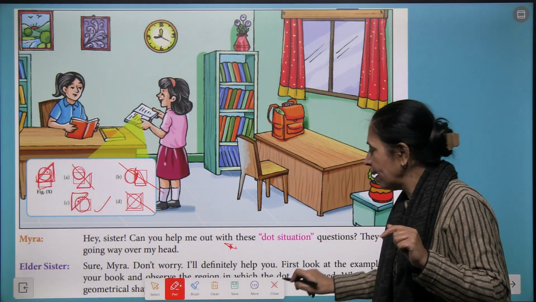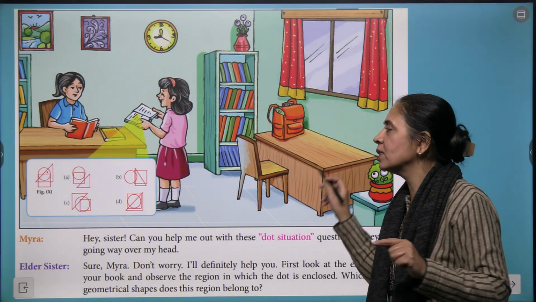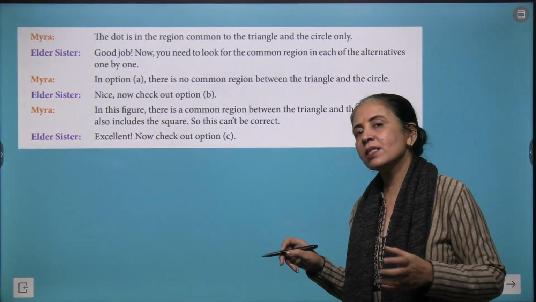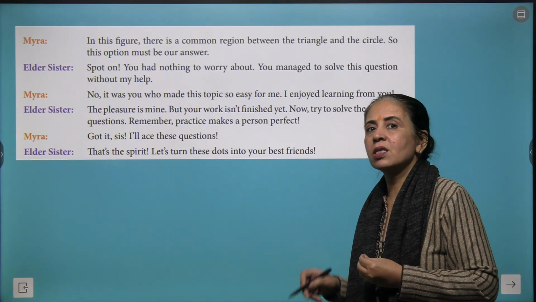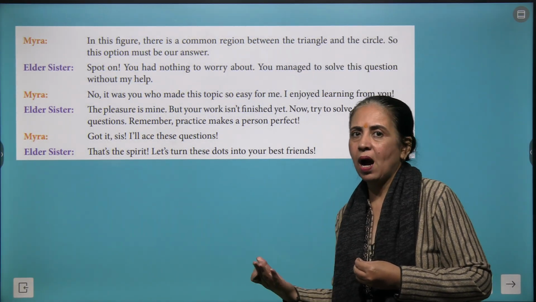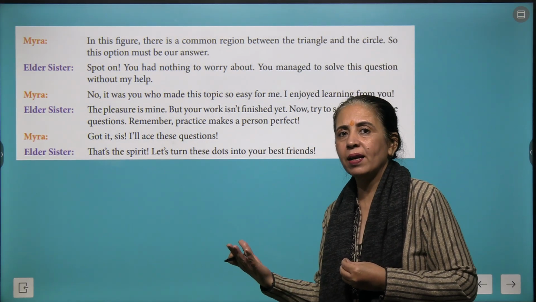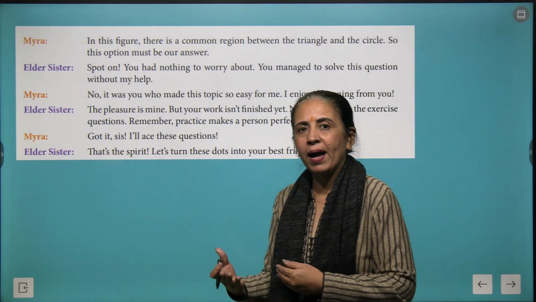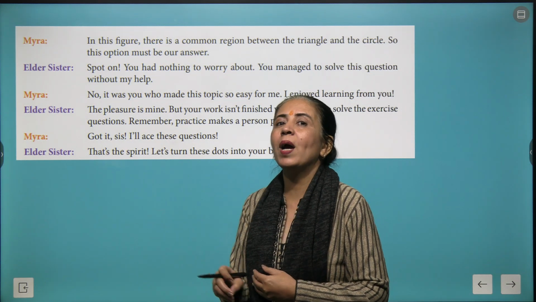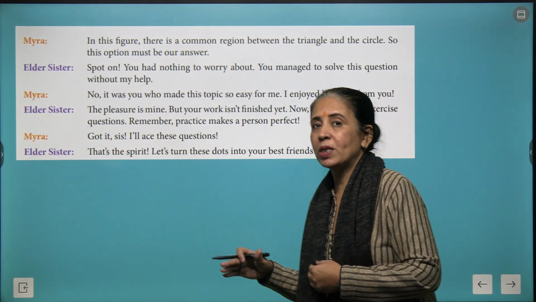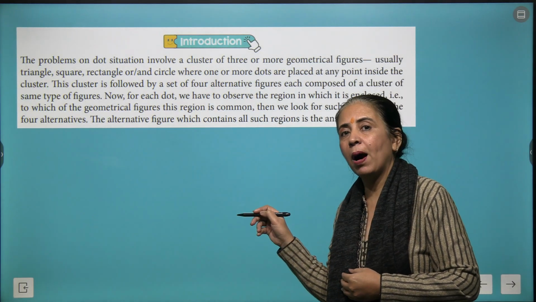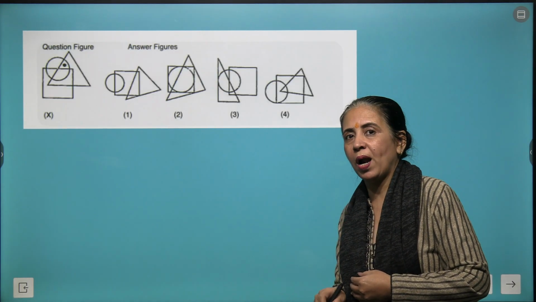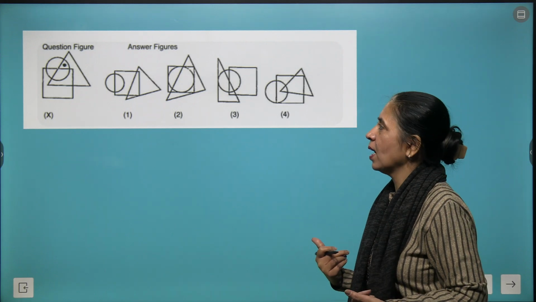Now sometimes you get one dot and sometimes the questions are more tricky. You have two dots. So the only way to get the answer is proper analysis. Keep practicing. Try to eliminate the options which are not correct, and definitely you will come out with the leftover answer, which is the correct answer.